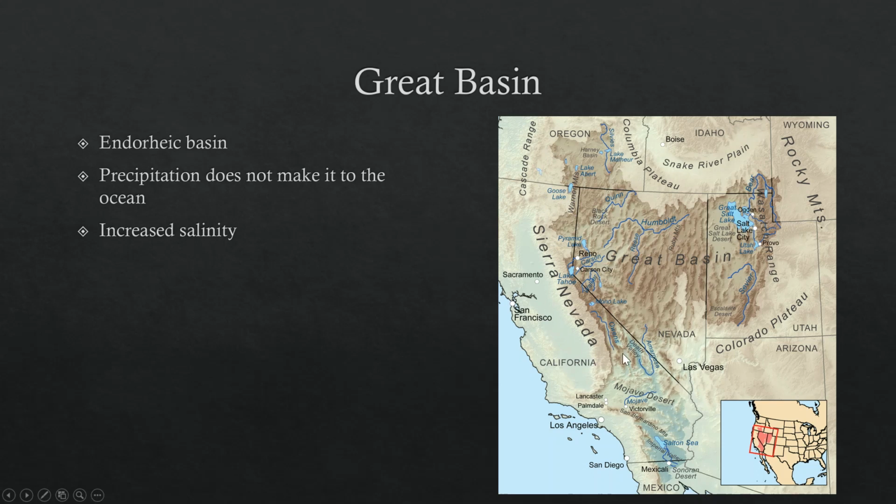It carries them through rivers out into the ocean, and that's where they end up. They stay there. They have nowhere to go. The same thing happens in the Great Basin, except it doesn't go into the ocean. So what you wind up with is bodies of water in the Great Basin that are getting increasingly salty. So that is why we have the Great Salt Lake in the Great Basin.